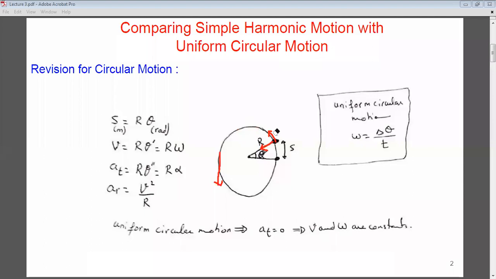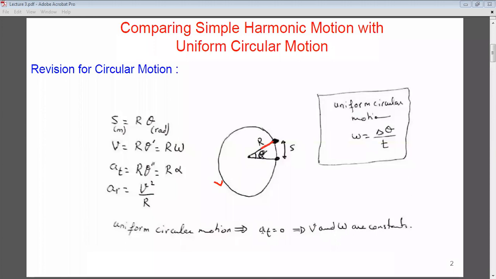Now, we are not interested in all types of circular motion. We are only interested in the case when we have uniform circular motion. This happens when a tangential is 0. When a tangential is 0, then v and omega are constants.